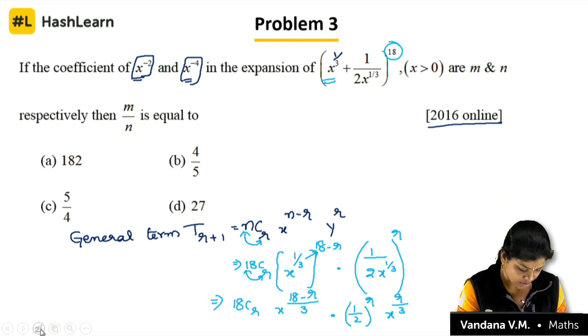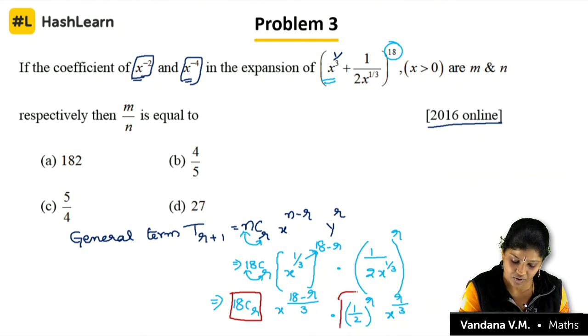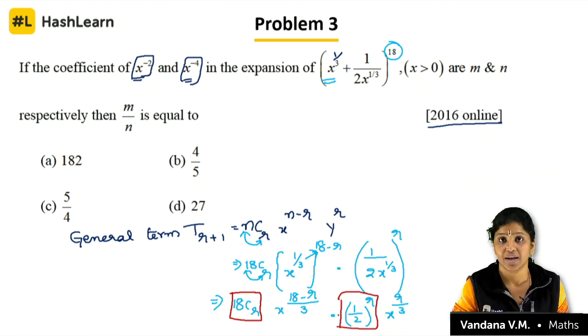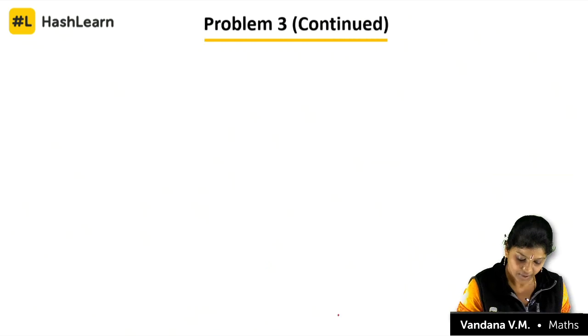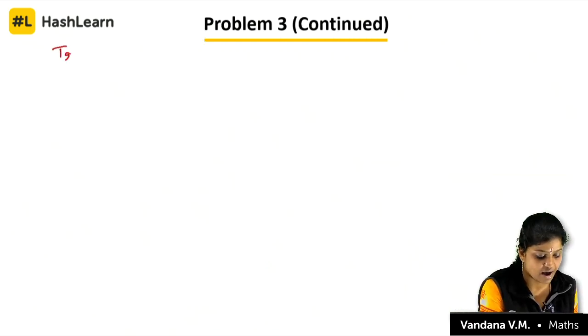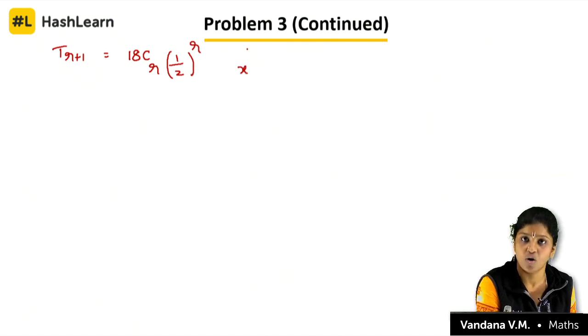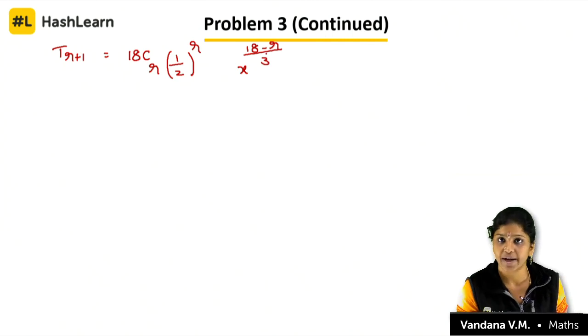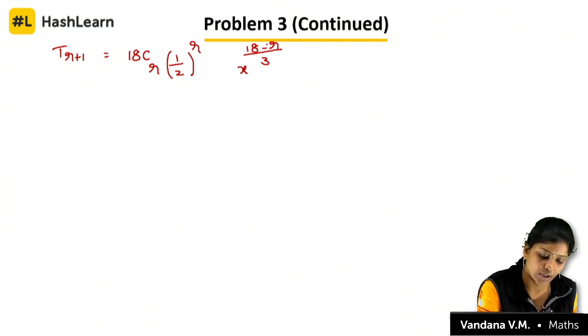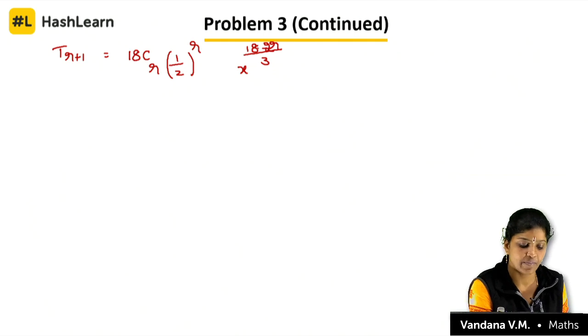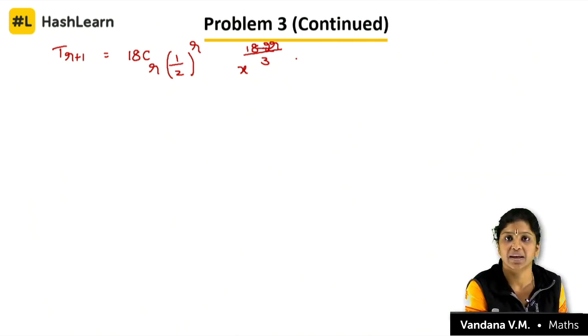Now bring the constants. This will get constant. This is also constant, isn't it? Now write all the variables one side. What I'll get in the TR plus 1 is equal to 18CR 1 by 2 whole power r, x power already 18 minus r by 3. This side also r by 3 we have. So total how much I'll get? 18 minus 2r by 3 I'll get.